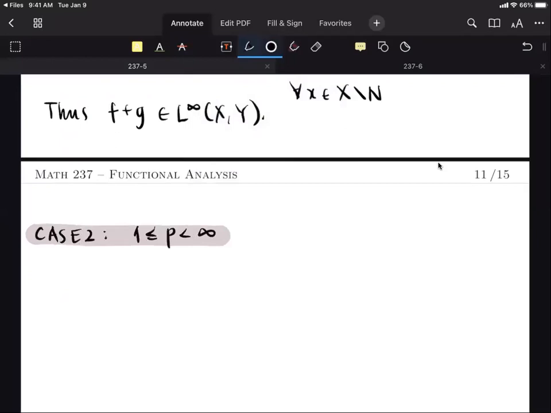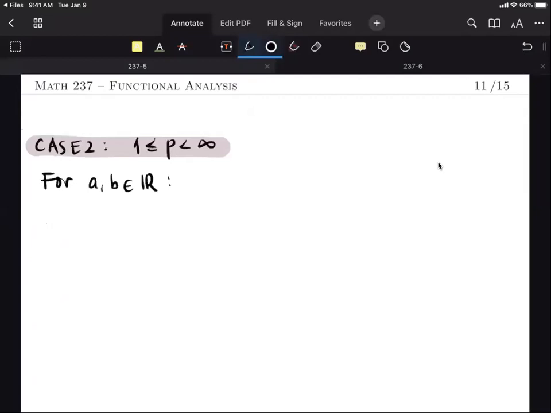Let us consider the following elementary inequality. For any two real numbers a and b, if I take the absolute value of the sum, this is less than or equal to, let's say, what?